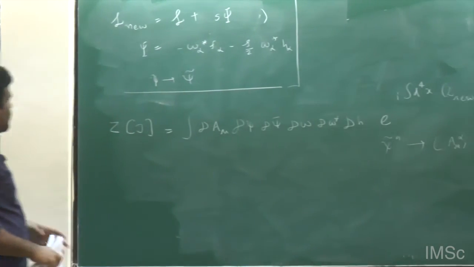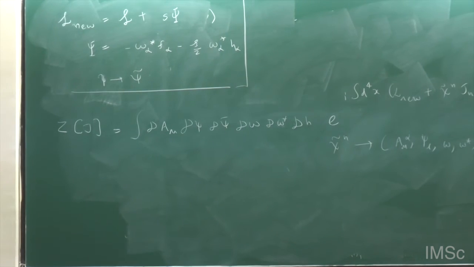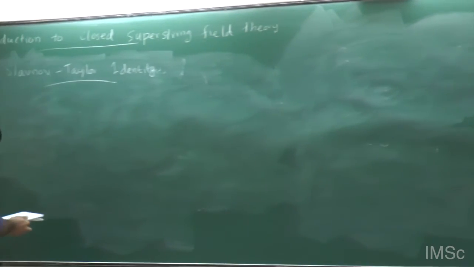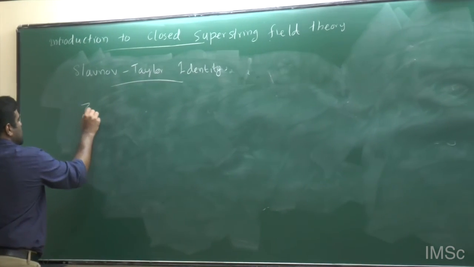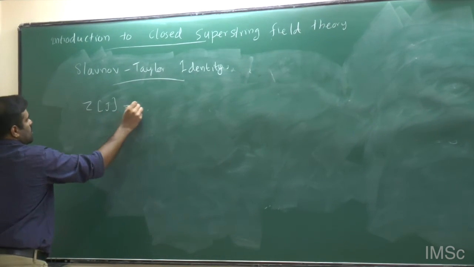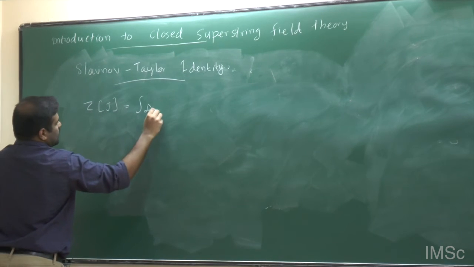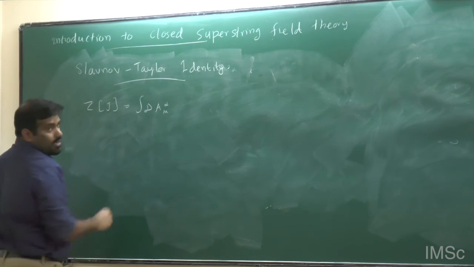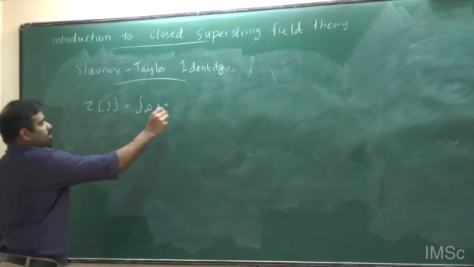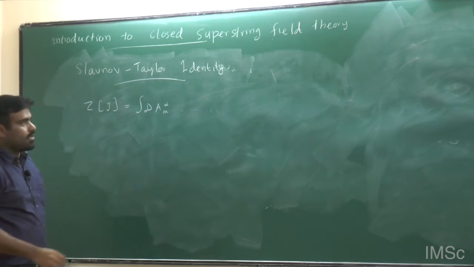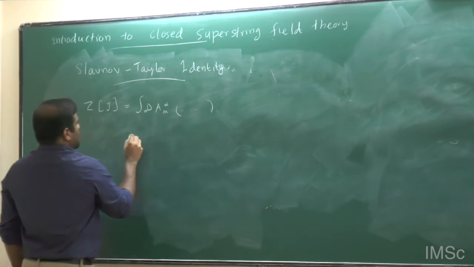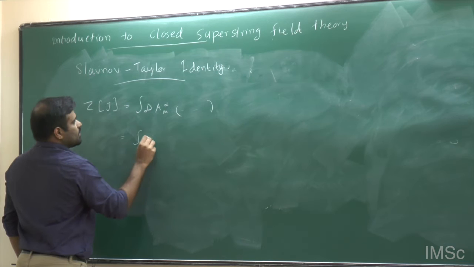So this is an identity satisfied by the generating function, and the source of this identity is the BRST transformation or the BRST symmetry. So what is the identity? What you can do is start with Z_J, which is defined in terms of a path integral over dA mu alpha, and then you have the remaining pieces here. Then you can try to do a gauge transformation.